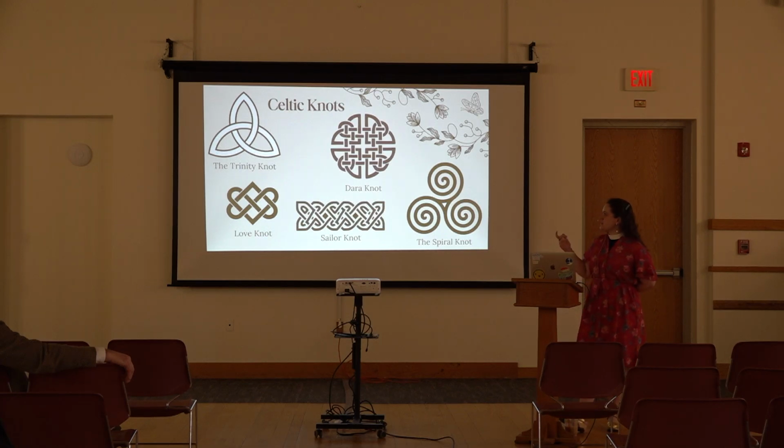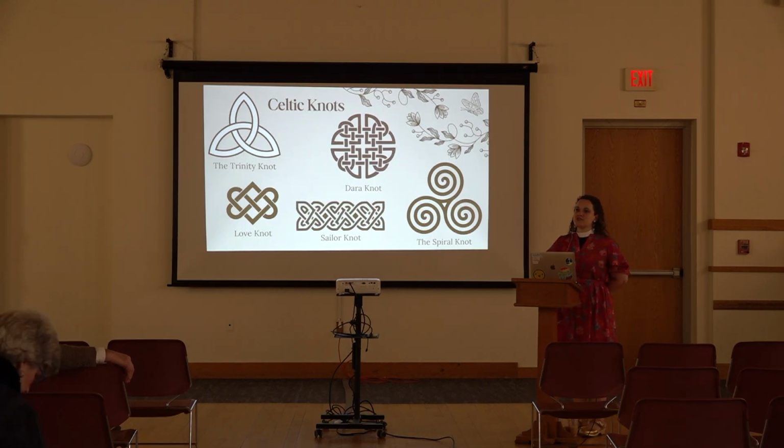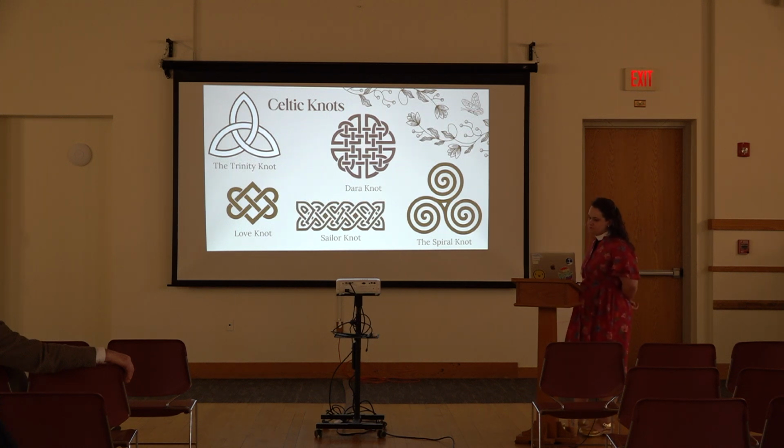And there are variations on this knot. Some of them are more deeply rooted in the Celtic tradition. Some of them are more modern additions to that tradition. But there are love knots that refer to specific relationships within a family or within a community. But this is the more general depiction.